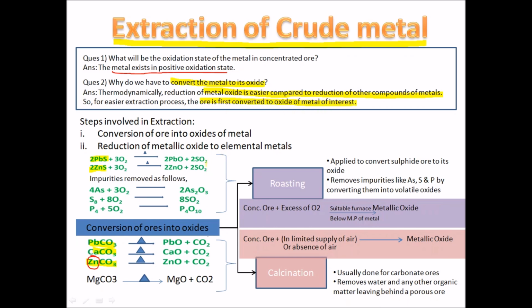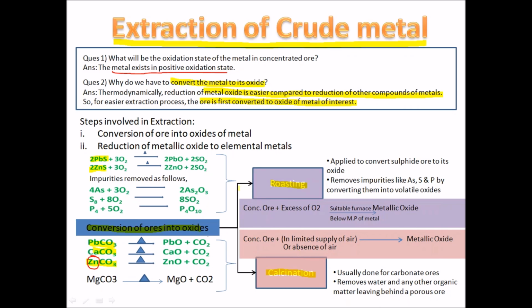Now the conversion of the ore into its oxide can be done through two steps, roasting and calcination. You will be given a question: differentiate between roasting and calcination.